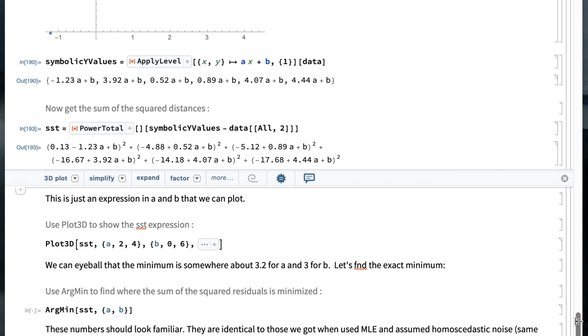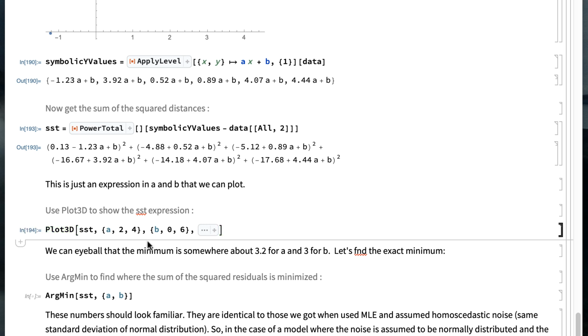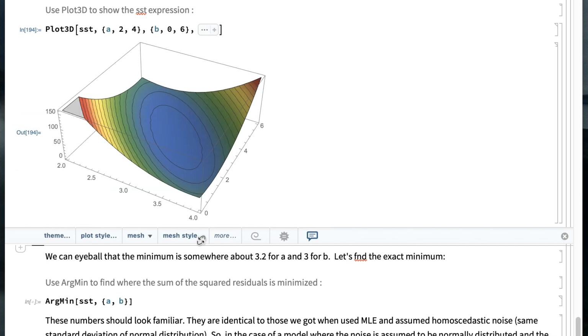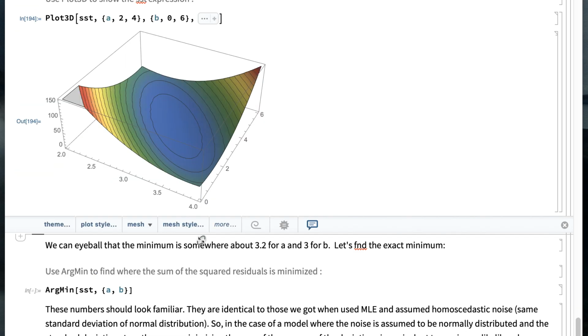We can plot this as a function of A and B. That's all that's in here. So let's plot it as A goes from 2 to 4, B goes from 0 to 6, and there we have it. Now what we want to do is find the values of A and B that minimize the sum of the squared residuals. And I am actually unhappy with this plot.